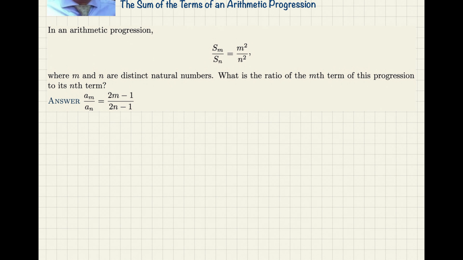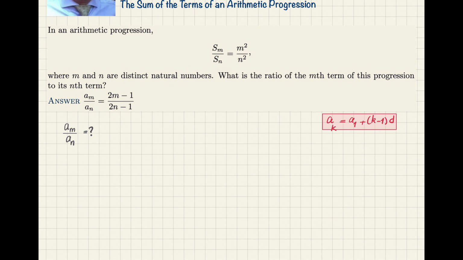So here you see that your goal is to find an expression for the mth term over the nth term. Of course, we know the formula for a sub k in an arithmetic progression is a1 plus k minus 1 multiplied by the common difference d. This is the famous formula for the arithmetic progression.